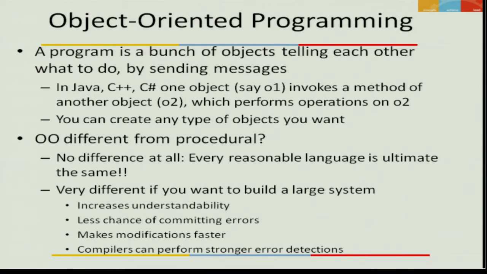There is less chance of committing errors because the understandability is very high. It makes modification faster because objects are grouped, and if the grouping is done properly, then modifications can be really localized. And the modern compilers in Java and C++ can perform quite strong error detection.